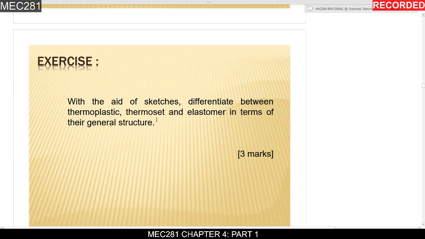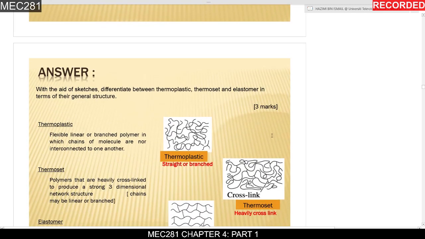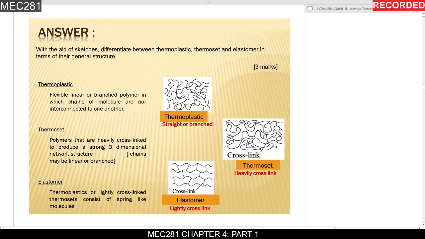So maybe the same question will come out in your exam. I don't know, but maybe there is a possibility. At least you can study and memorize the answers from the exercise that you have done. Okay, so these are the answers to the exercise. You can pause this video to compare your answers.